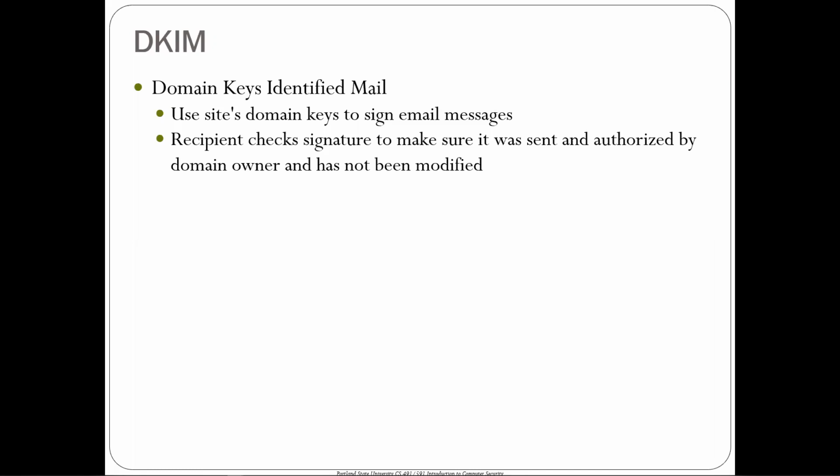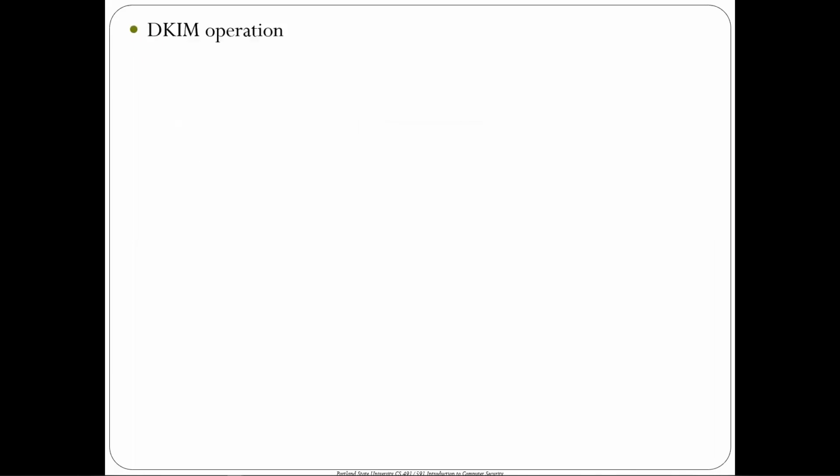Now, if that user's account got hijacked, then it's signing a bogus message. So if that user account got phished and some adversary is sending messages, it'll still have a legitimate signature, but this at least stops a random mail server from sending messages as a particular domain. Okay, so this is better in a picture. So this is a high-level view of how DKIM works.